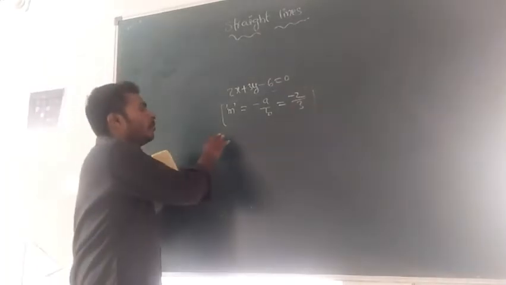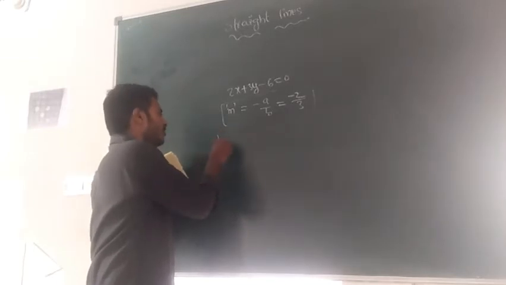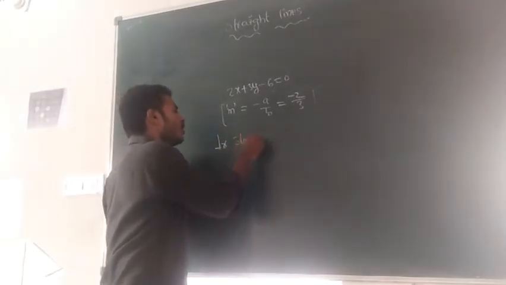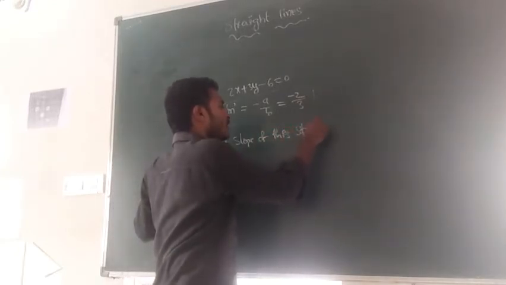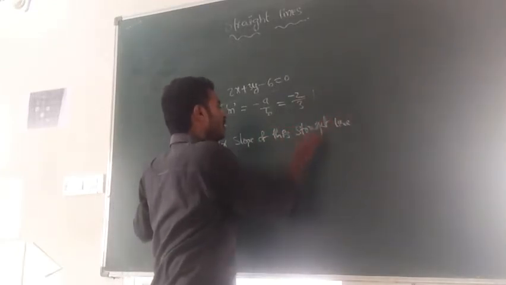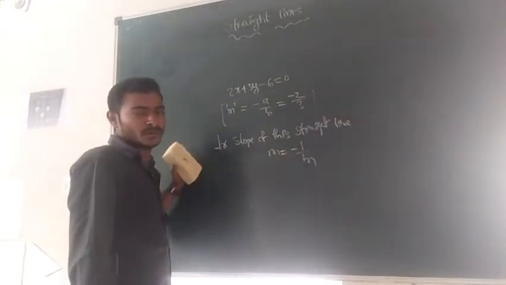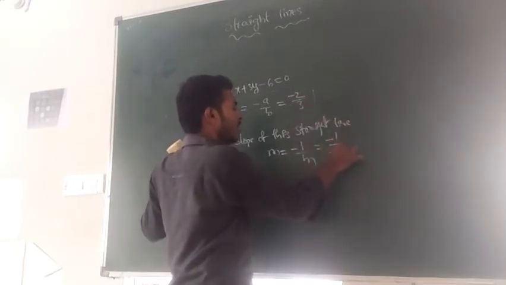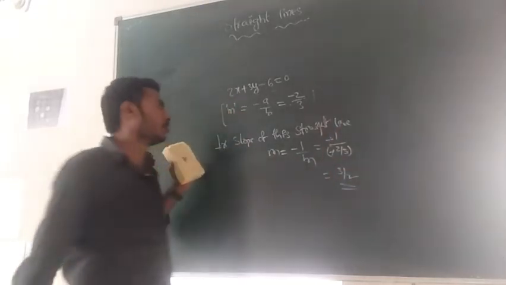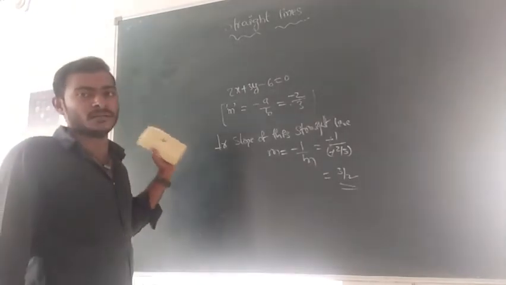The perpendicular slope of this straight line is m equals minus 1 by m. So minus 1 by minus 2 by 3, the minus signs cancel, and we get 3 by 2, the perpendicular slope of this straight line.